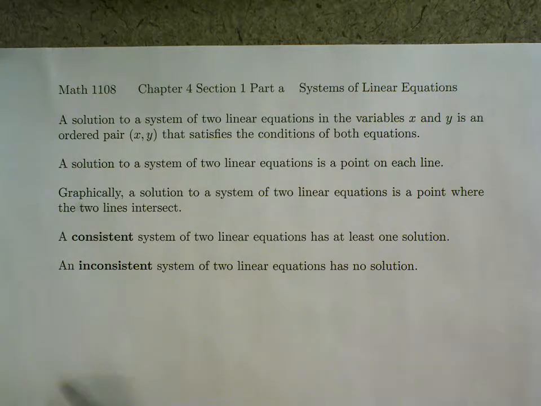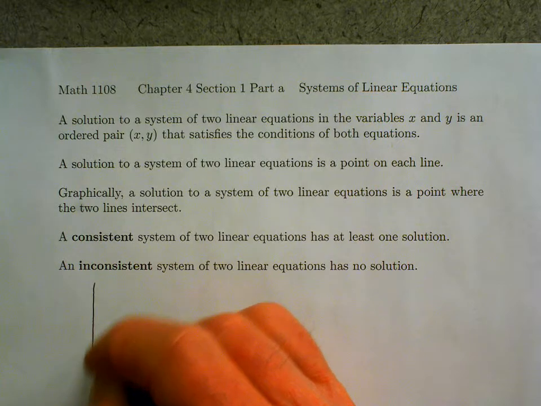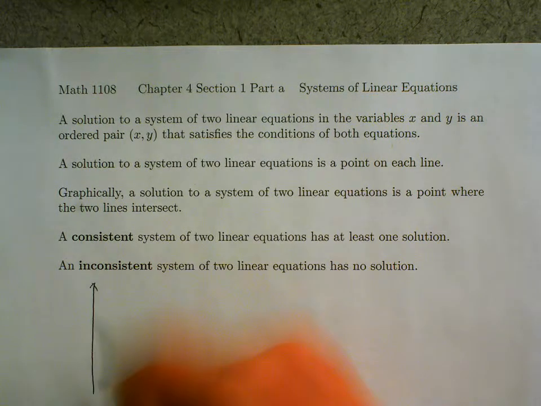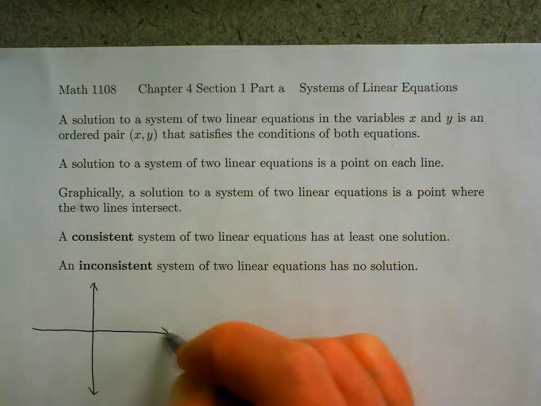So in this space below, I'll illustrate the possibilities for systems of two linear equations that are either consistent or inconsistent. We'll have three examples, so I'll draw three sets of x and y axes.